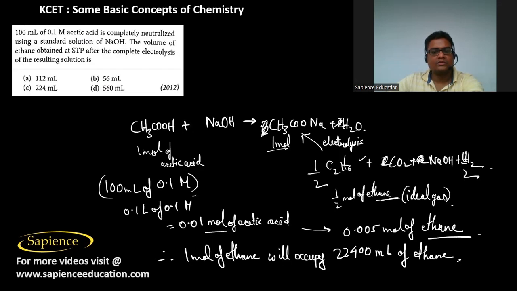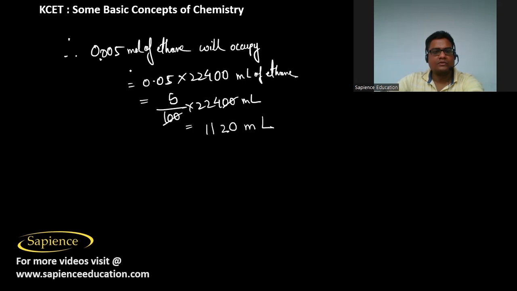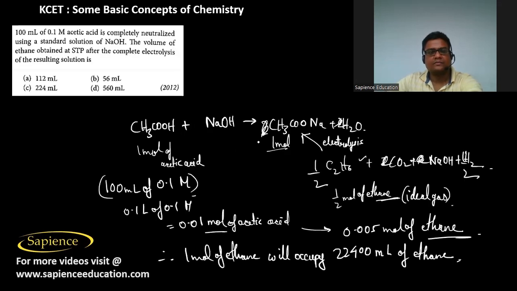Sorry, this is 0.005 mole. This is 5 by 1000 into 22400, so we can divide this by 10 again, so it is 112 ml. So 112 ml of ethane will be formed at STP. So option A is the correct answer.